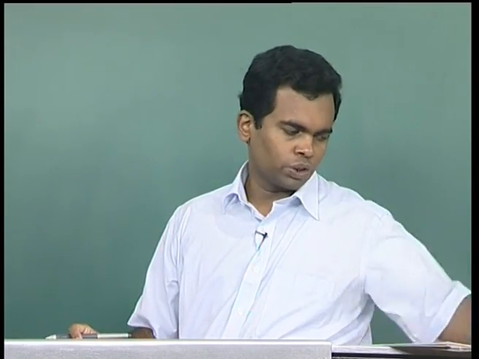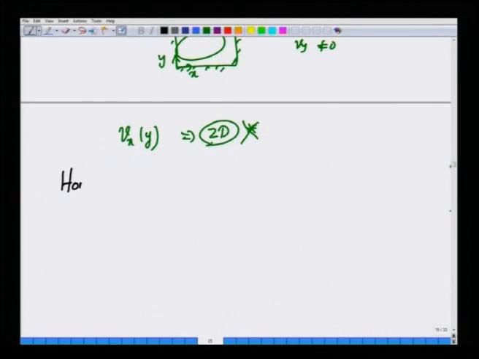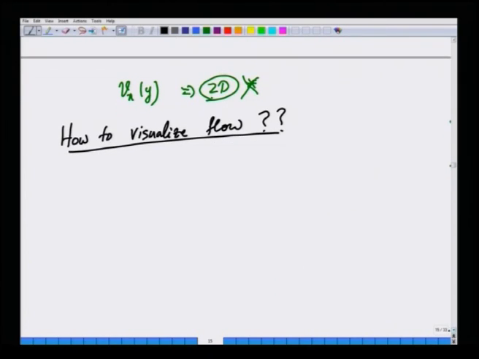Okay. So, the next thing is how to visualize fluid motion, how to visualize flow. In kinematics, we are interested in how to describe flow, how to measure various quantities. So, one of the fundamental descriptions of motion is what is called the path line.